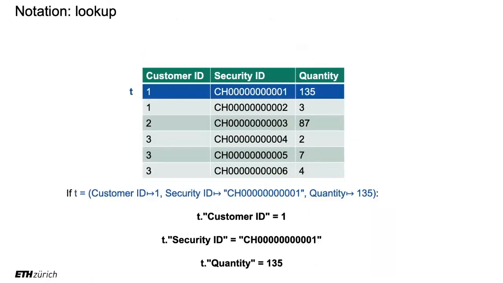Okay. And just for the notation, it's kind of convenient, especially in database design theory in a few weeks, we might give names to the records, to the tuples. So if we call that record T because of tuple, so tuple, record is all the same thing, those are synonyms. If I call that record T, then I can use the dot notation with T.customer ID, that's actually 1, T.security ID, that's this.